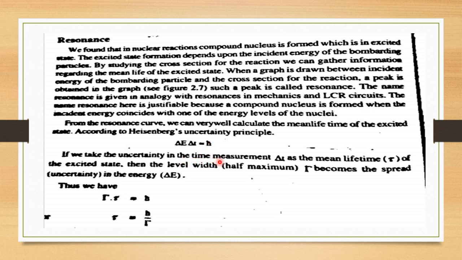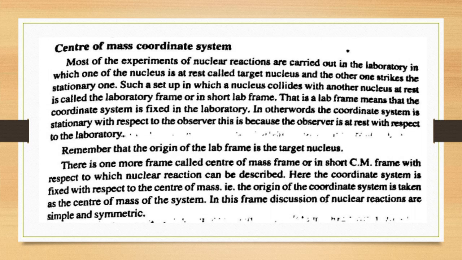If we take the uncertainty in time delta T as the mean lifetime tau of the excited state, and the level width at half maximum, gamma, as the uncertainty in energy, then we have tau times gamma is approximately equal to h cross. The mean lifetime is equal to h cross by gamma. Thus we can find out the mean lifetime of the excited state.